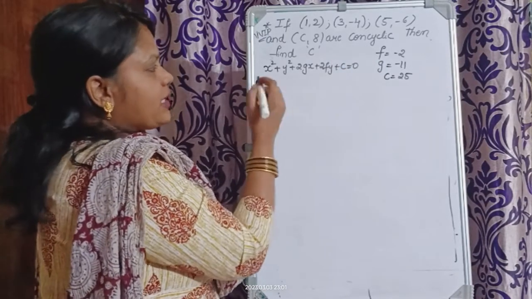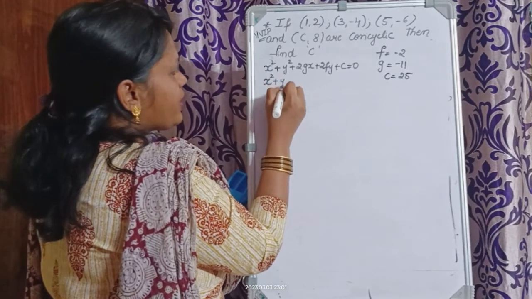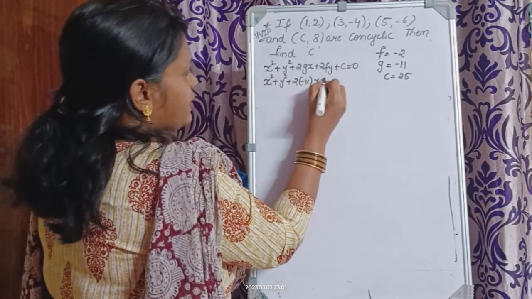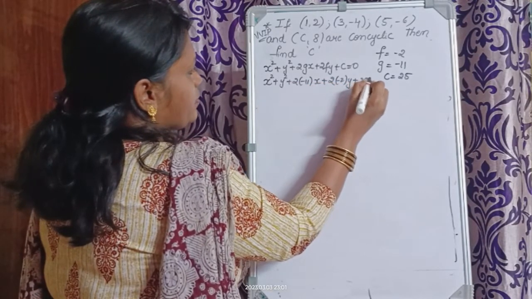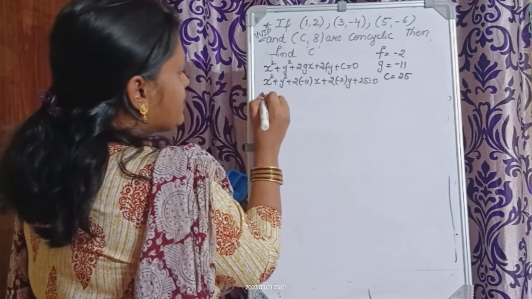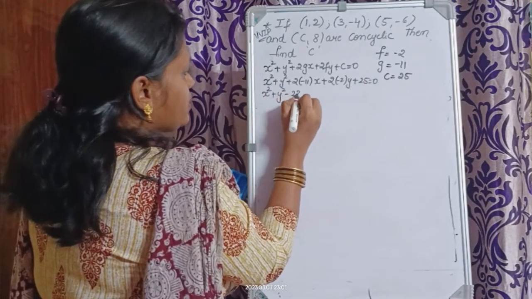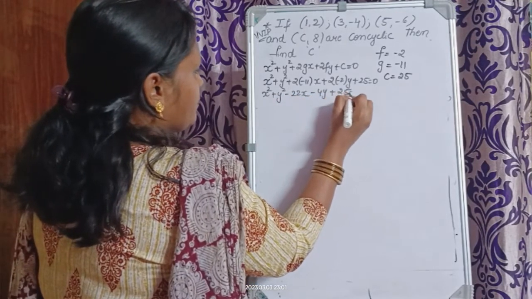Substituting these values in the standard form of the equation, x square plus y square plus 2gx plus 2fy plus c is equal to 0, we get x square plus y square minus 22x minus 4y plus 25 is equal to 0.